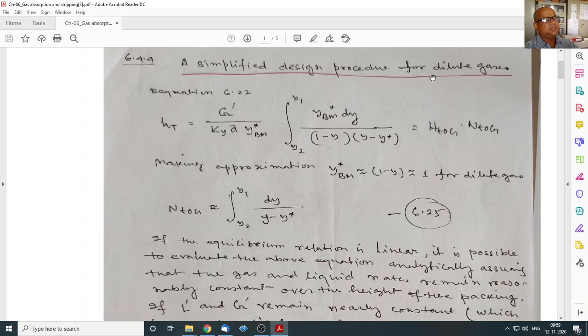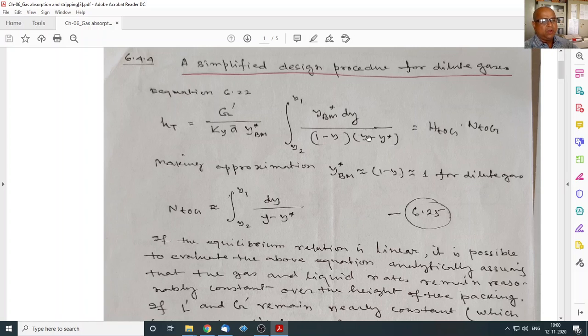In industry there are a number of cases in this category, particularly where environmental factors are there. So for dilute solution, the calculation of this number of transfer units can be done analytically. Hence the process will be easy.